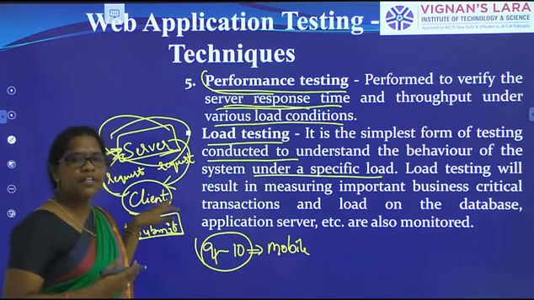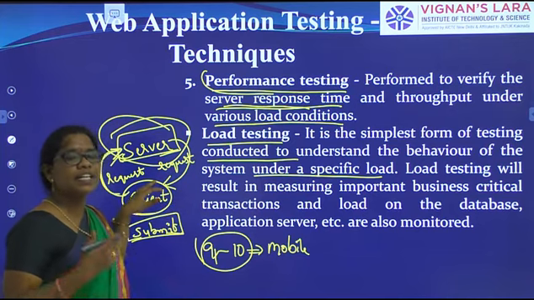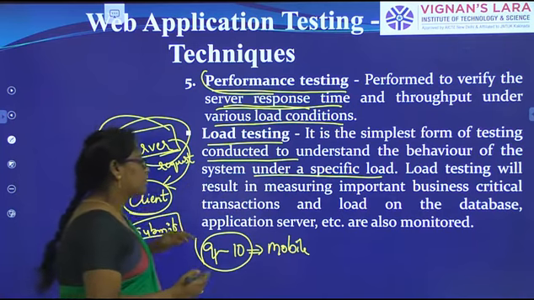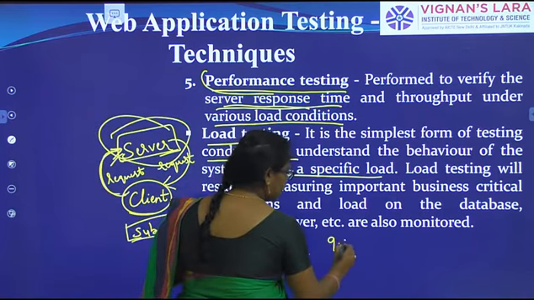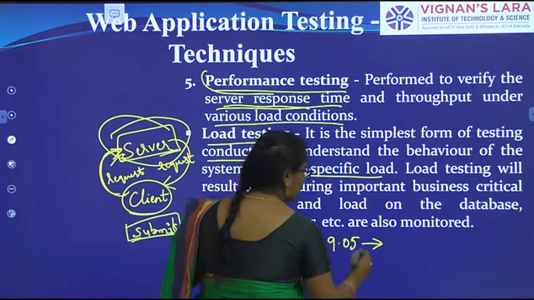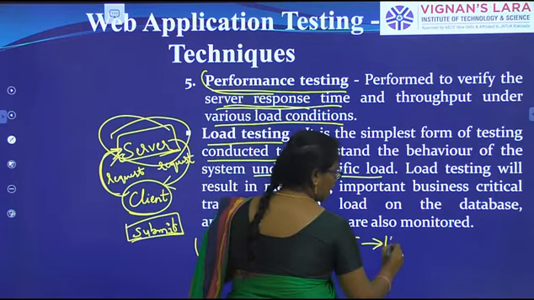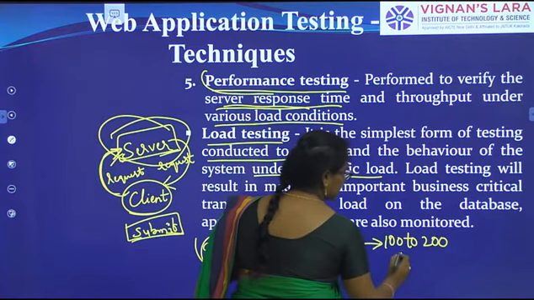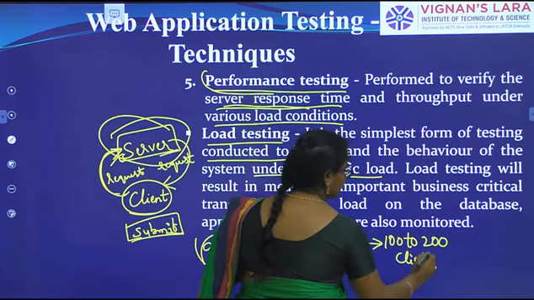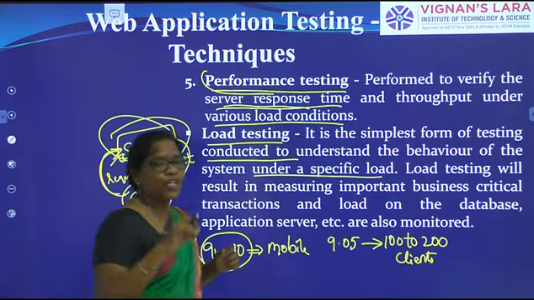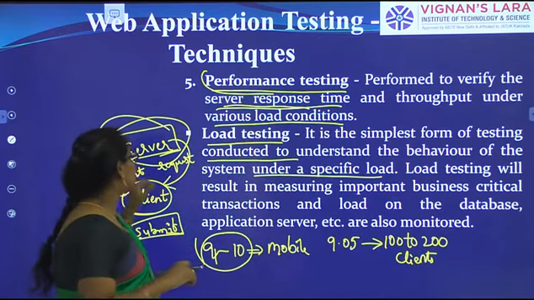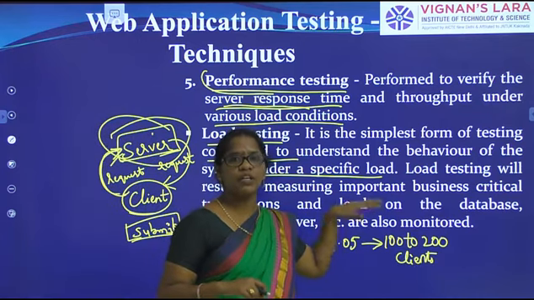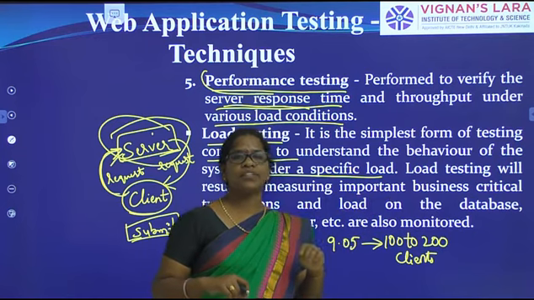For example, at 9.5, 100 to 200 clients selected that particular product. So that means 200 load at a time has been taken on the server.